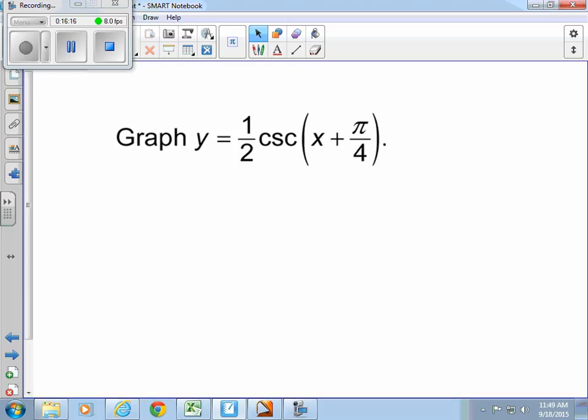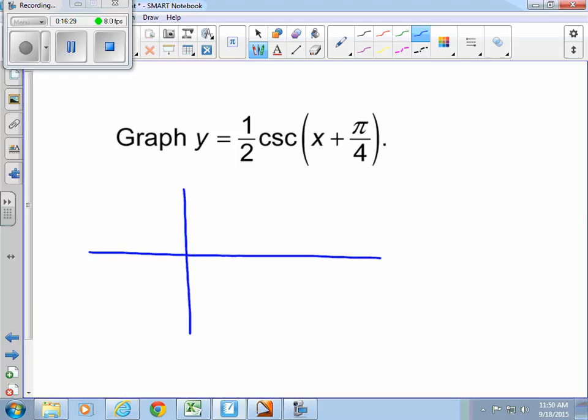The amplitude of the regular sine function.